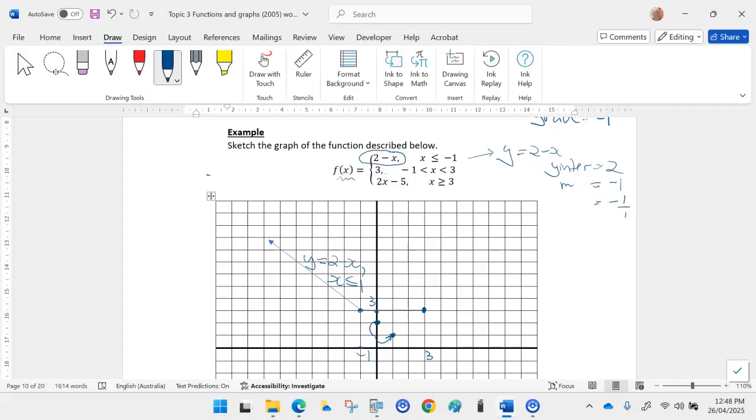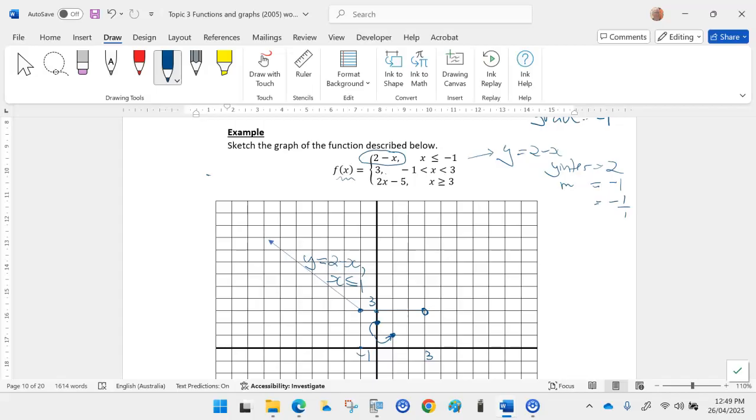Horizontal line goes through 3 on the y-axis, and it goes between -1 and 3. And sorry, they're not included, -1 and 3, so I've done a typo. There shouldn't be a dot above the 3 for this bit. 3 is not part of this function, so we put a circle around this portion above x is equal to 3. Right, there's our second line.